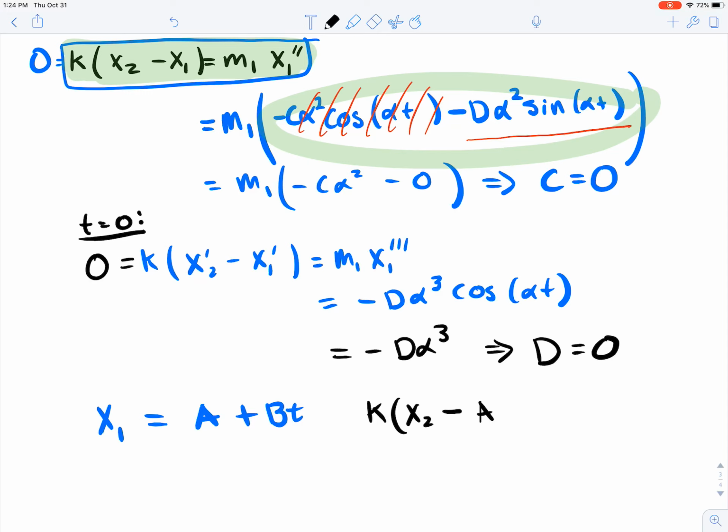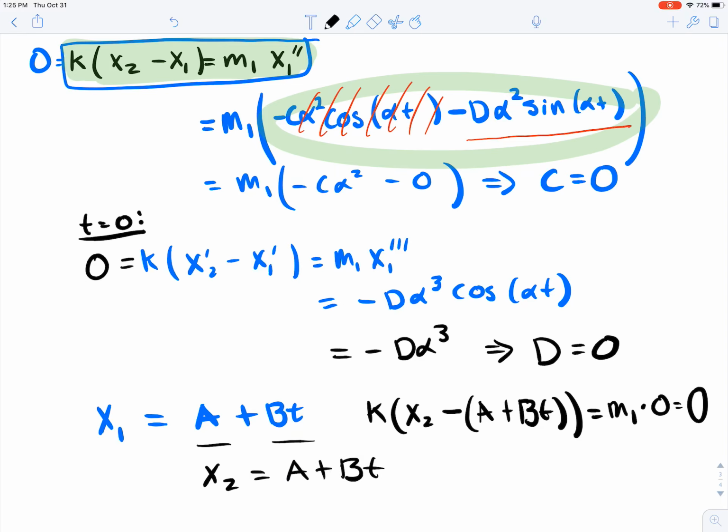It's a plus bt, in parentheses, and that is equal to m1 times the second derivative of x1. But again, if you take the derivative of a once, it gives you 0, and if you take the derivative of bt twice, you're going to get 0. So in reality, this is k times 0, which is equal to 0. Dividing the k over and solving for x2, you're going to get that x2 in reality is a plus bt.